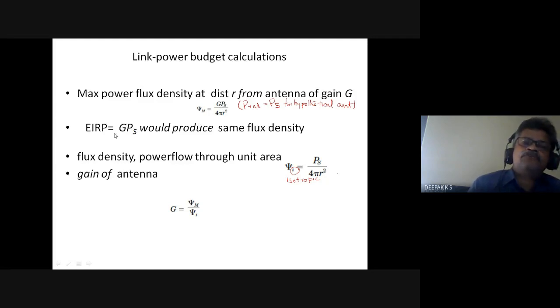And so if you transmit a radiated isotropic power of G into Ps, it would produce the same flux density, and this G is called the gain, which is a ratio of this to an isotropic antenna. So we assume that radiated power is the same as this Ps in our equation, which is a case of a hypothetical antenna having 100% efficiency.